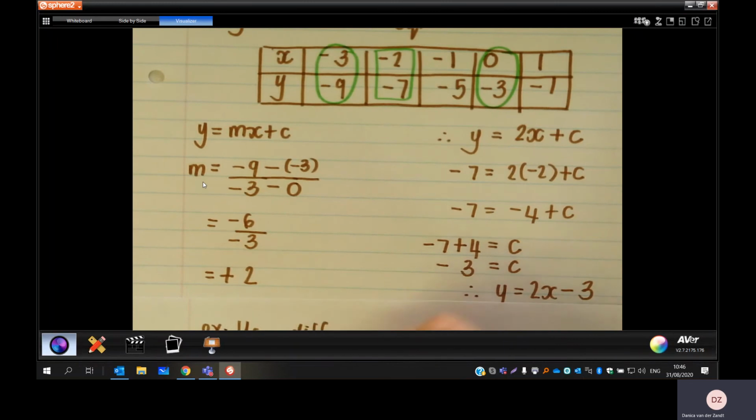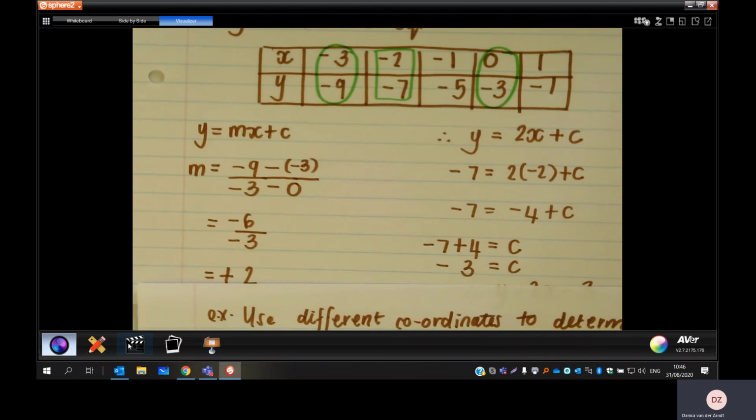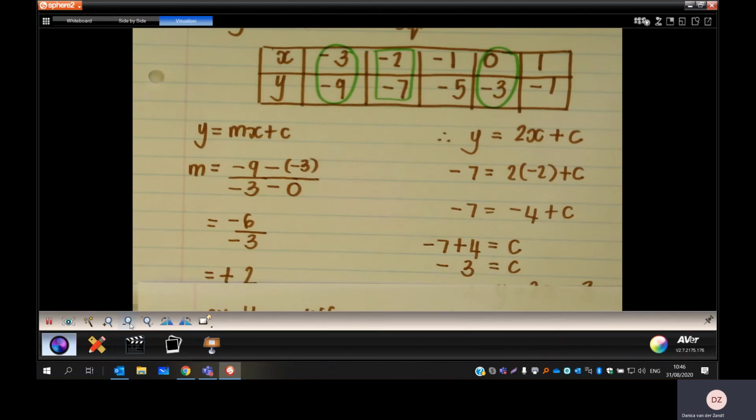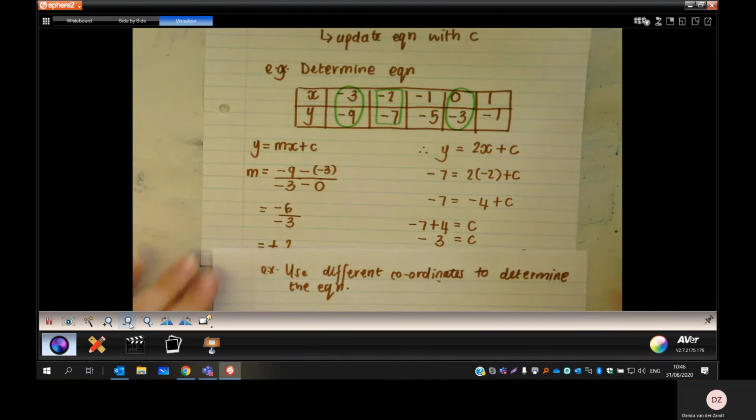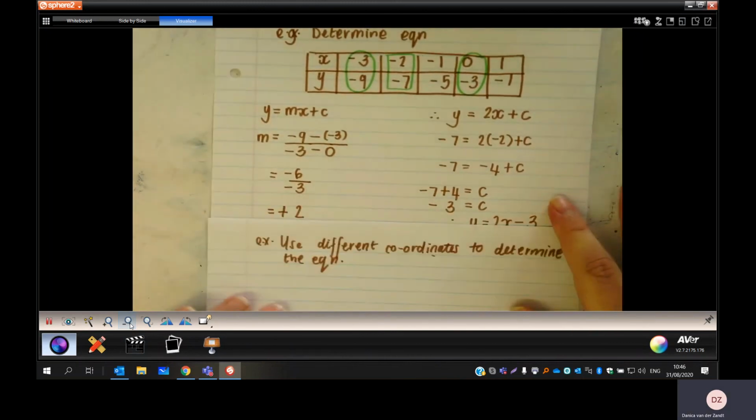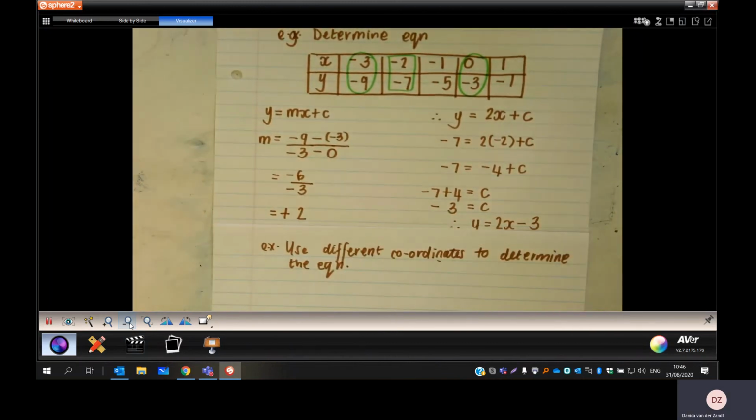Use different coordinates to find the equation. So I'll say it again, you can use any coordinates, whether I circled it or not, just don't use exactly the same. So your exercise is use different coordinates to determine the equation. Currently the bell's only ringing in 5 minutes.